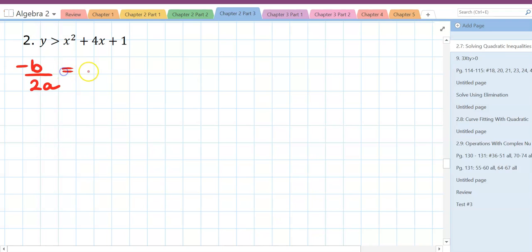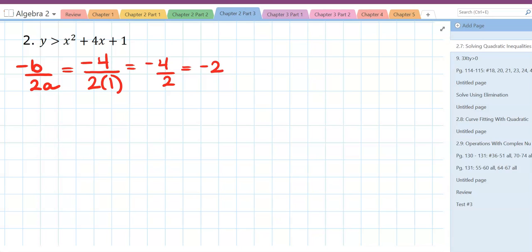What number is your b for this equation? 4. Good, 4, and a would be 1. So we have -4 over 2, which is going to be -2. So that goes in the middle of your table.